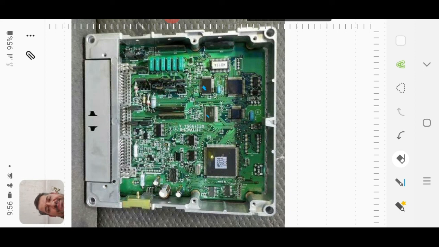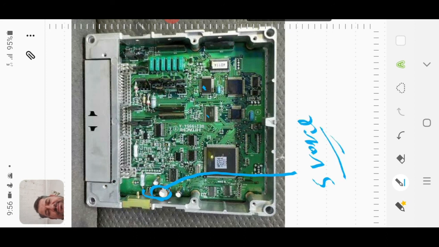Power chip. This is a power chip. Five volt. This is also something you can check. This is a transistor.